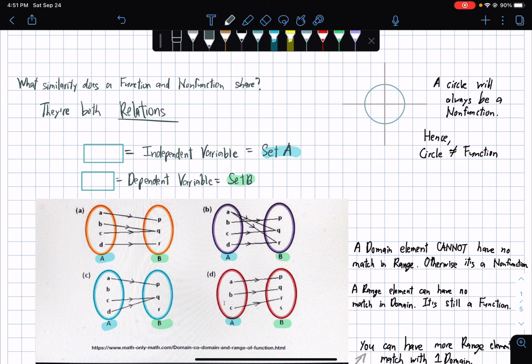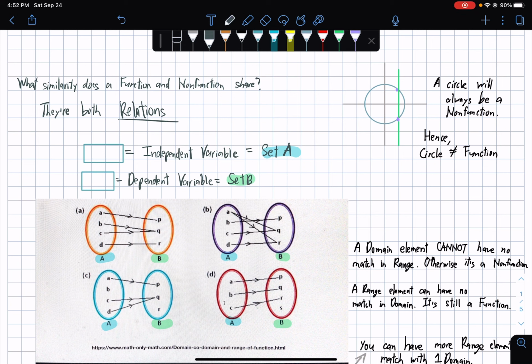Now, something that we have to know is that a circle, for instance, will always be a non-function. Hence, circle is not equal to function. Why? If you put a vertical line in the graph, you can already see that there are two intersections. So obviously, a circle isn't a function. It's rather a relation.